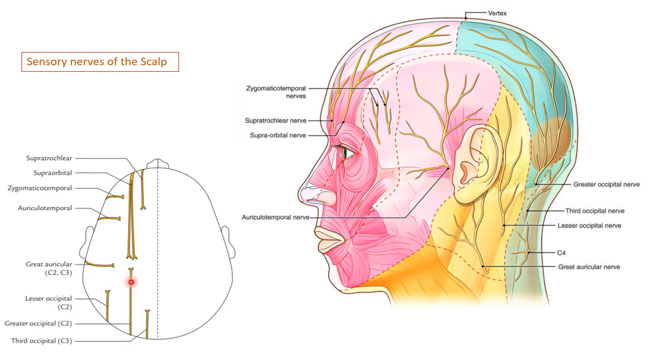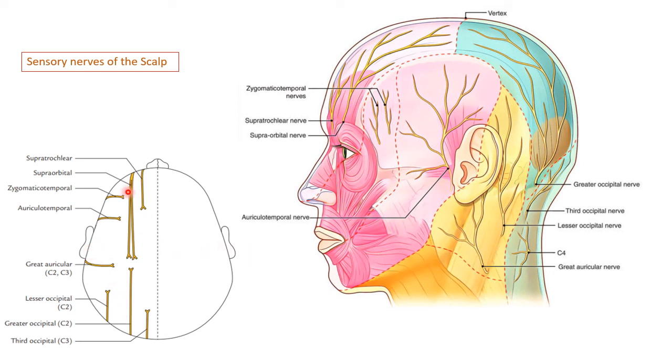The greater occipital nerve is derived from the dorsal ramus of the second cervical nerve. And then comes the third occipital nerve. The third occipital nerve is derived from the dorsal ramus of the third cervical nerve. So these are the 4 sensory nerves supplying the area behind the auricles.